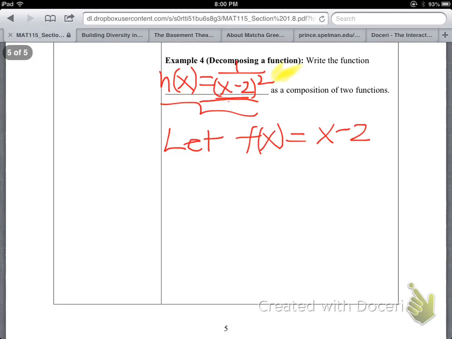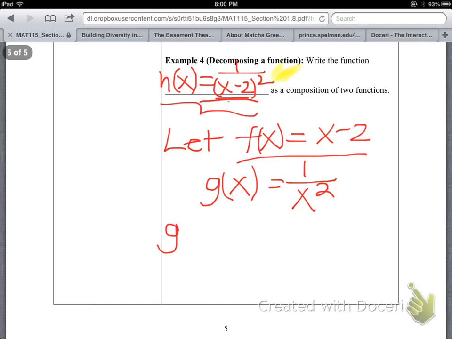Well, first, what I decided to do is let one of my functions equal that inner expression, x minus 2. And then what's left over? Well, if I've already let one of my functions equal x minus 2, then that exponent is just left there. So that's 1 over x squared is what's left.